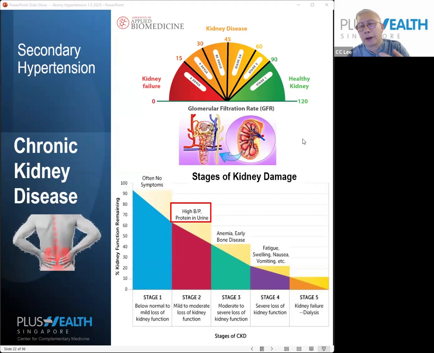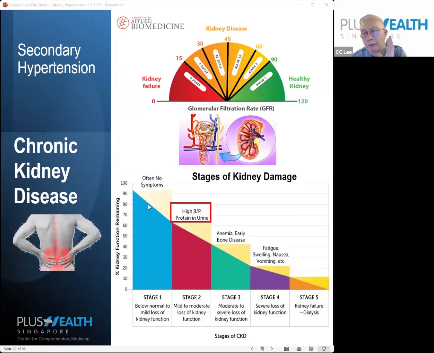Zero means the kidney has no filtration function, and therefore it represents kidney failure. The early stage of kidney function drop, stage 1, is between a filtration rate of 90 to 60. Basically, there's not much of a symptom.